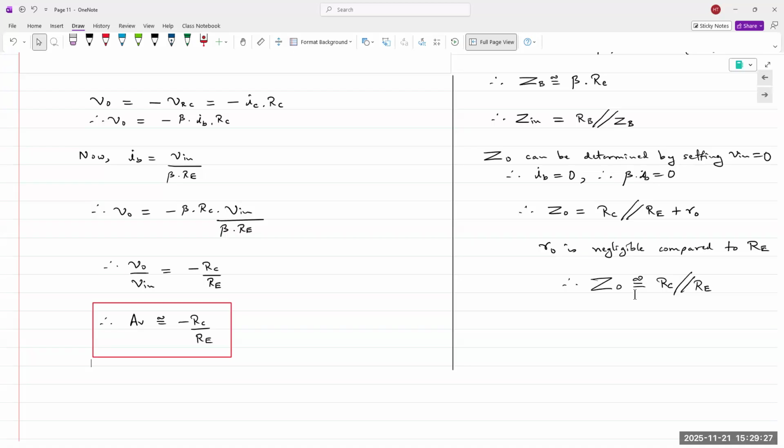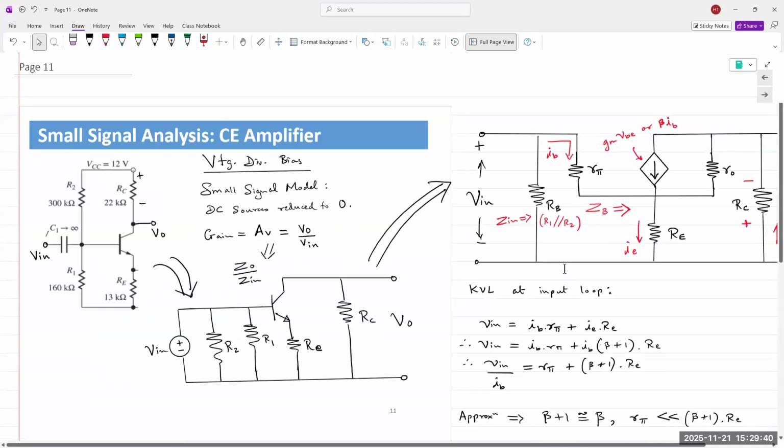Yes. What part? ZB is the impedance looking into the base terminal, whereas the input impedance is RB parallel with ZB.